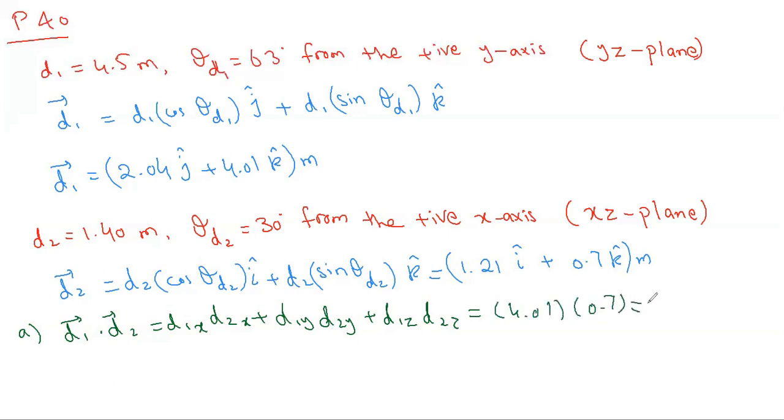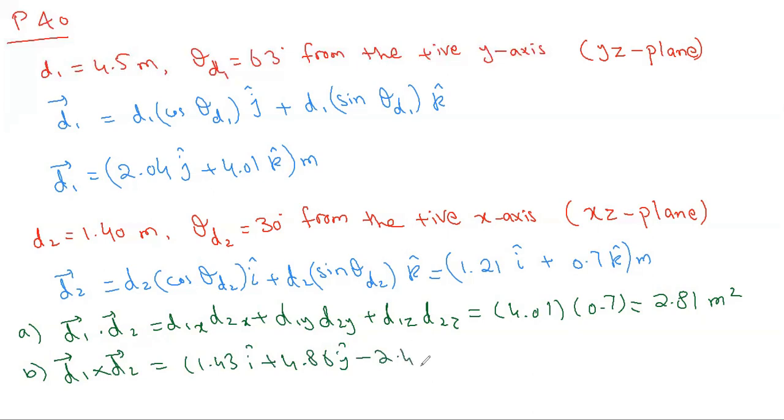You can easily understand this scheme. So this will be 2.81 meter square. Similarly, you can find d1 cross d2 as we did in the previous problems, and the answer will come out to be 1.43 i hat plus 4.86 j hat minus 2.48 k hat meter square.